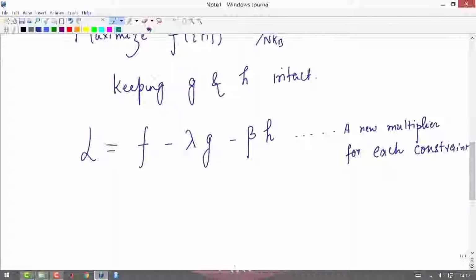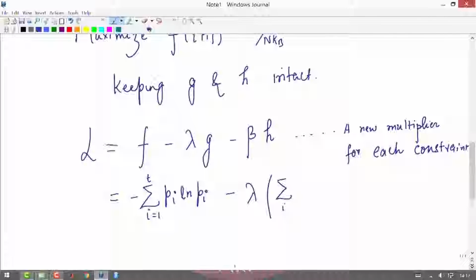So, let us put in the values of our function. f, as we know, is nothing but minus the summation over all i going from 1 to t of p_i ln p_i, minus lambda times g, which is the summation over all p_i minus 1, the conservation of norm, and the second Lagrange multiplier multiplied by the fixed value of the expectation of the outcomes.